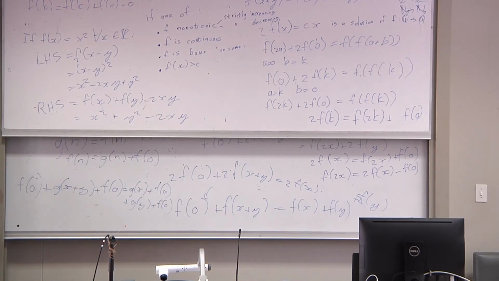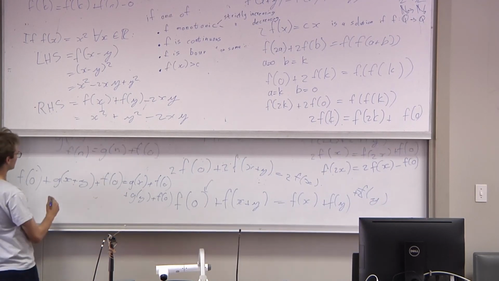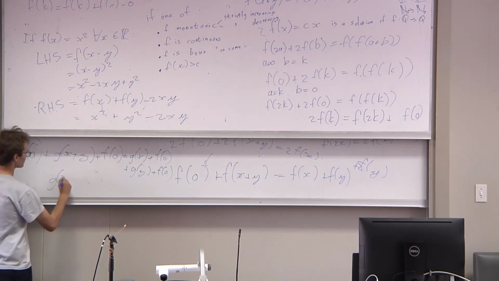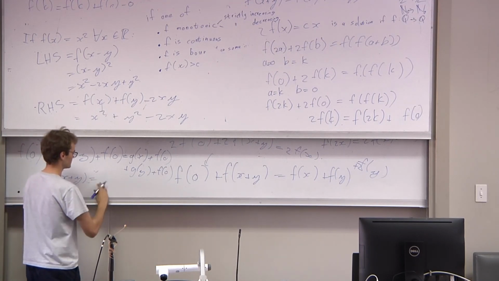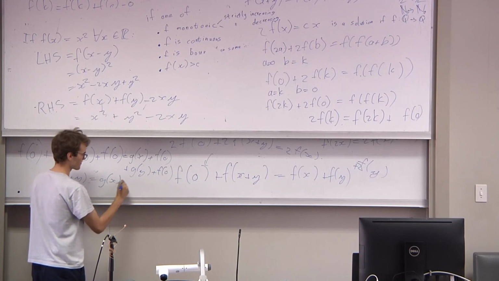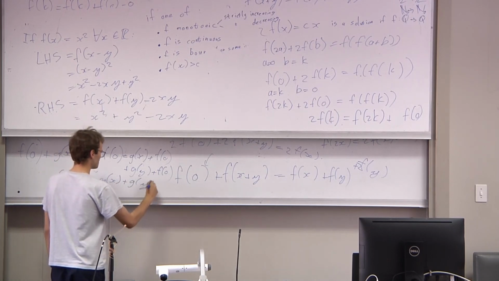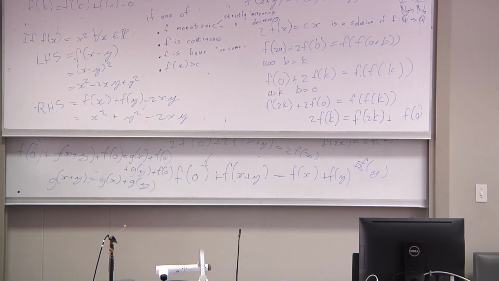And now we simplify all of the f of 0s, and we get that g of x plus y is equal to g of x plus g of y. And that looks really nice, because that's exactly the same form as the Cauchy function.